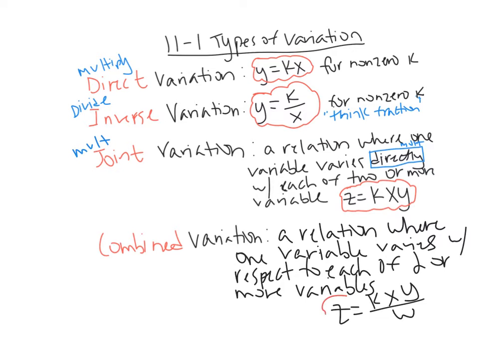So you've got two things going on in that one. Okay, so 4 types of variation. We're going to practice setting up equations for direct, think multiply; inverse, think divide; joint is multiply by 2 or more; and combined, just as it sounds, is multiply and divide.